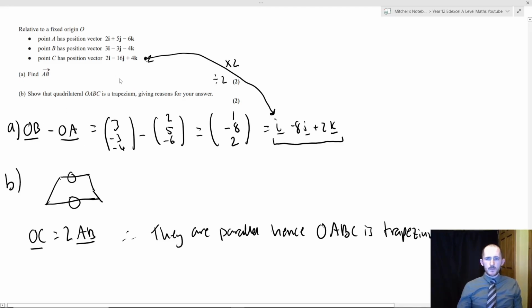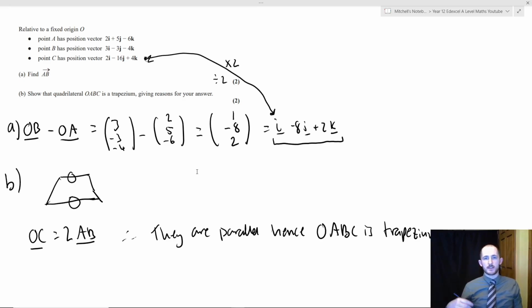So are there any other quadrilaterals that have two parallel sides? Well, you may have a parallelogram, for example. But if I have a look at the other vectors, none of them are parallel. So the only quadrilateral that has only two parallel sides is a trapezium, right? A rectangle and a square have two pairs of parallel sides.